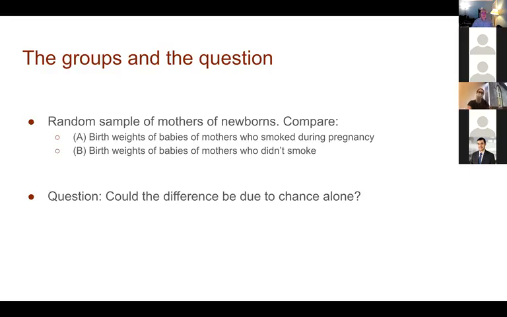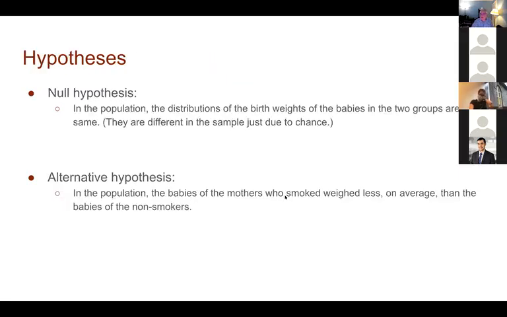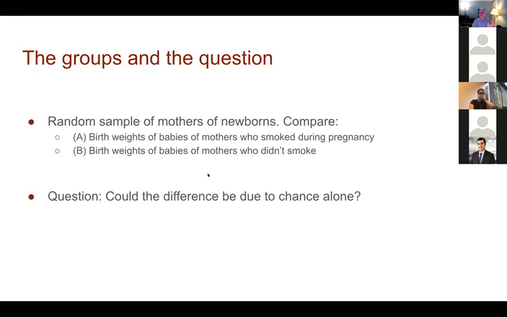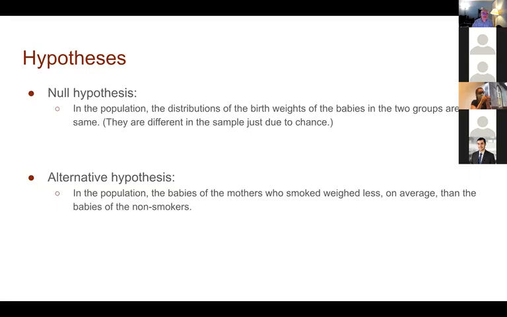Then the question is, because we saw the distributions, is any difference in birth weight due to chance alone, or is there some underlying difference between the two groups? So that's the question that we're going to ask. What is the probability that it's just due to chance? And how are we going to do that?